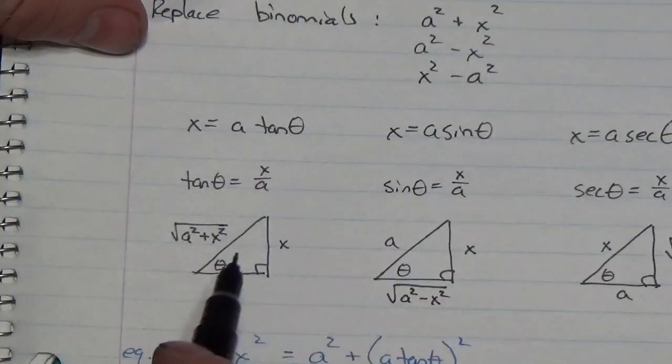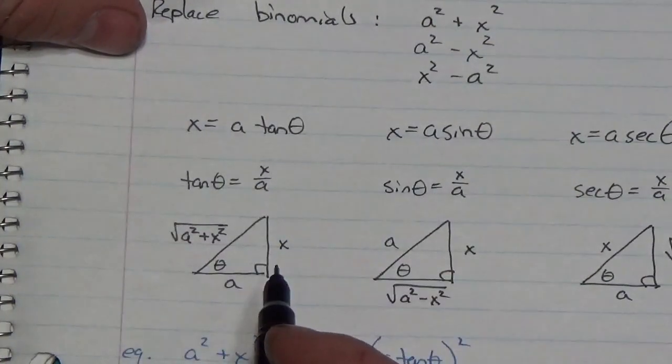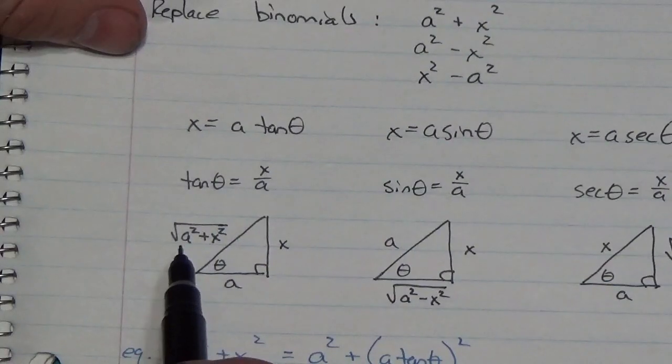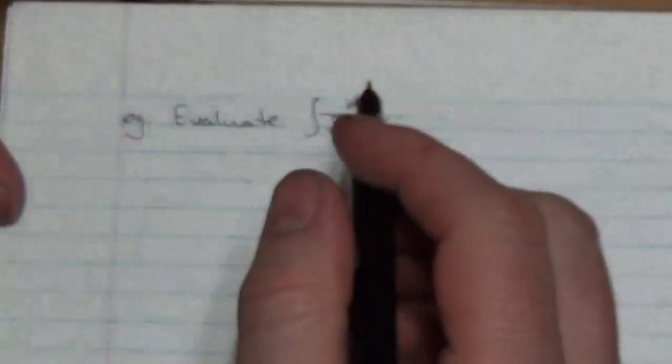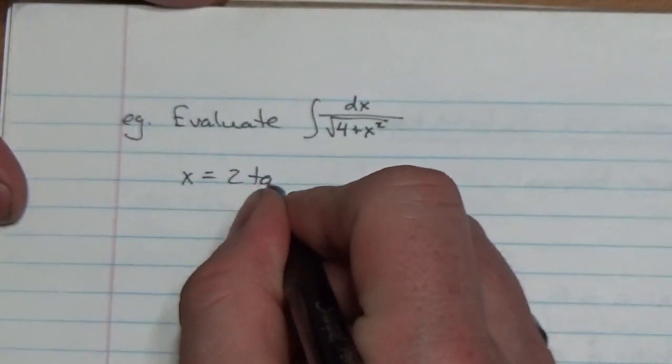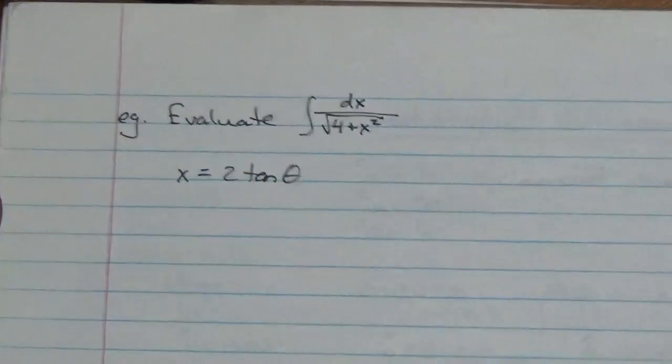We're looking at a tangent here. In the specific problem, because it's 4 plus x squared, clearly a is going to be 2. So the substitution they're hinting at is that x will equal 2 tangent of theta.